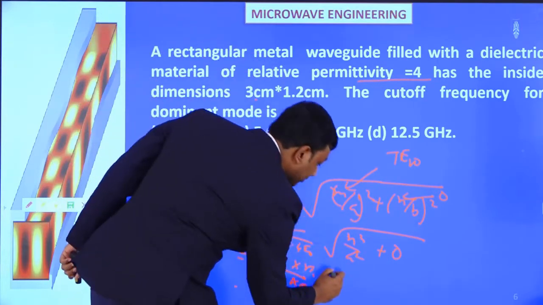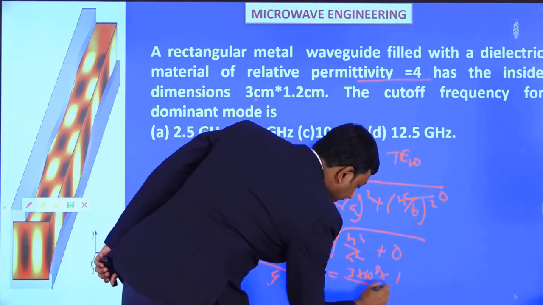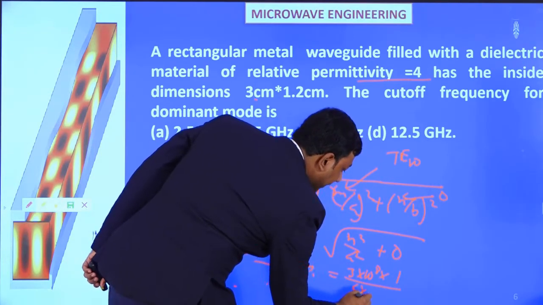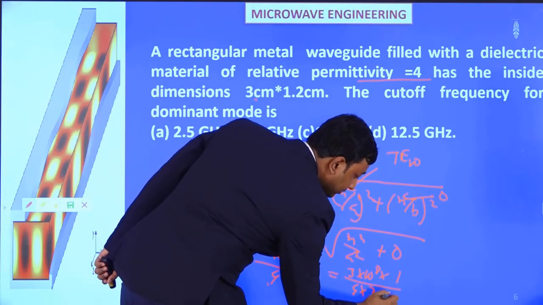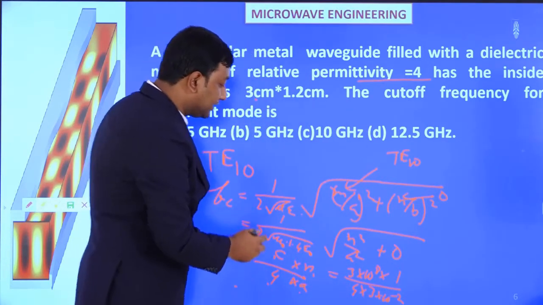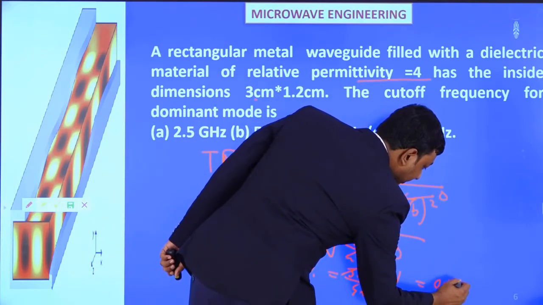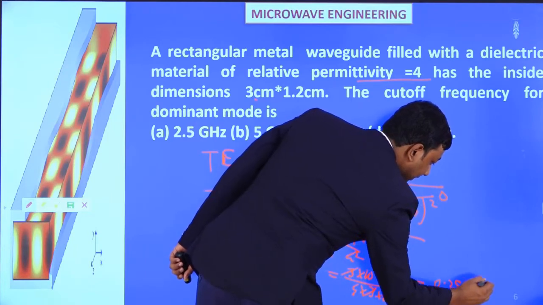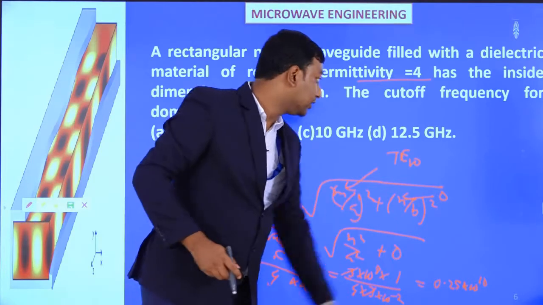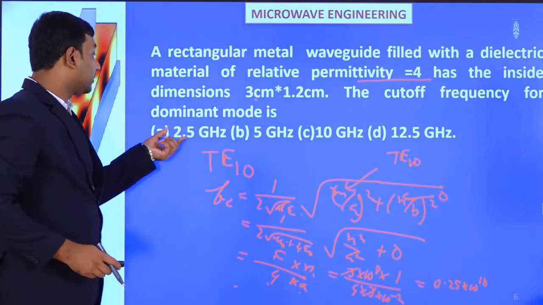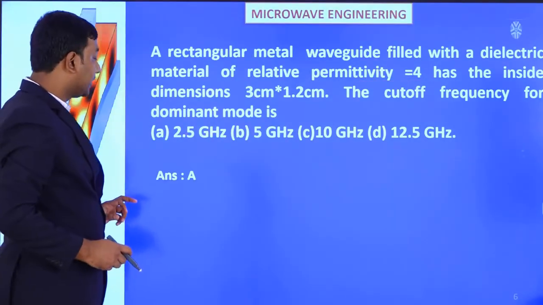So placing all the values, 3 into 10 to the power 8 into 1 divided by 4 into 3 into 10 to the power minus 2. From this equation 3 we can cancel. So 1 by 4, that is 0.25 into 10 to the power 10, or 2.5 gigahertz. So the cutoff frequency for the dominant mode will be 2.5 gigahertz.